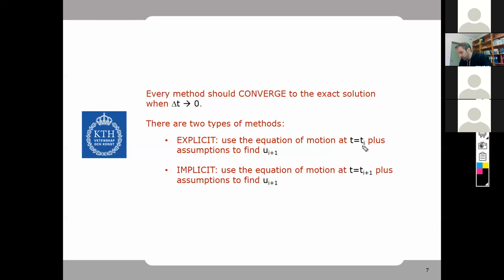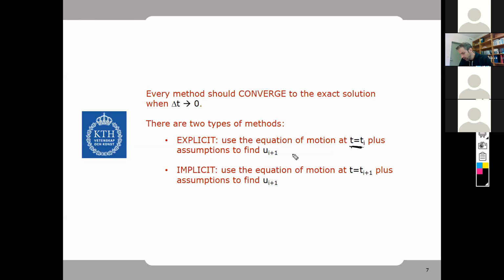We use all the values that we have already calculated to predict the new value, and we don't care what happens to that value. We hope that our method would be good enough to land on a decent value, on a value that is close enough.